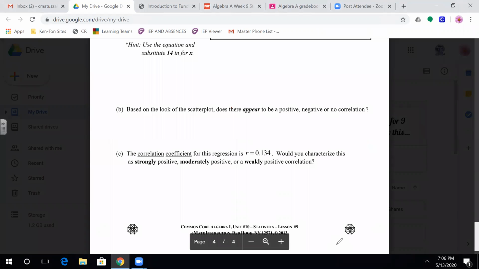This last one, you have to describe if it's strong positive, moderate positive, or weakly positive. So all the answers are positive, so we know it's positive. And we can draw our little number line to help us. 0.134 is going to land very, very close to 0.